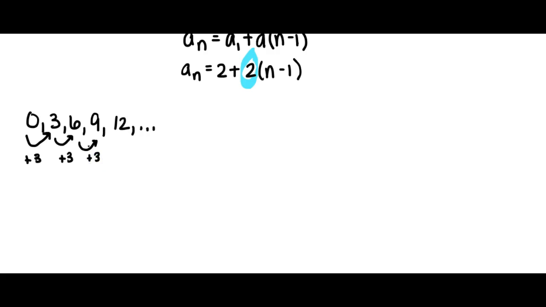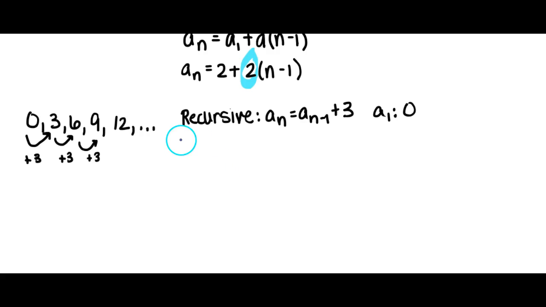Okay. So first I'm going to write a recursive formula. With our recursive, it's going to be a sub n equals a sub n minus 1 plus 3, and then our first term is 0. Okay?